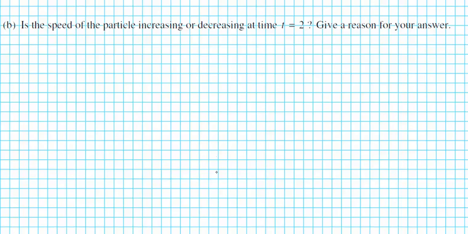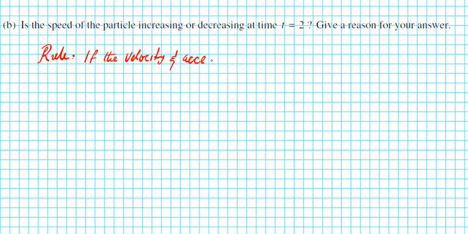The rule for the determination of the behavior of the speed, increasing or decreasing, is as follows. We're gonna split it into two, just like a piecewise statement.